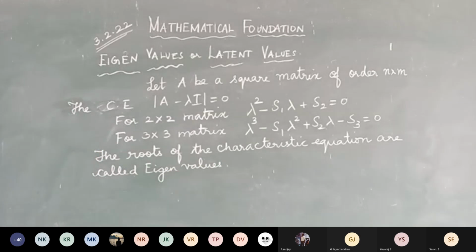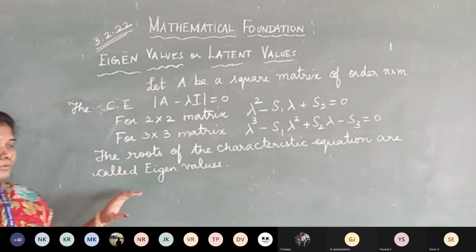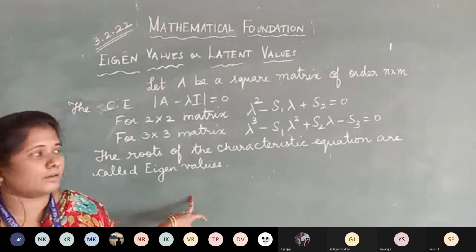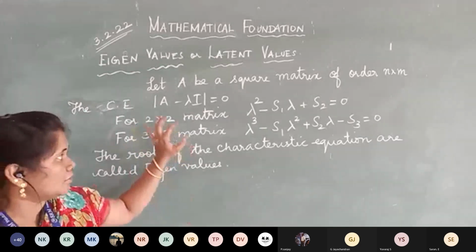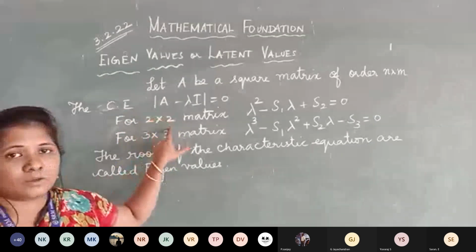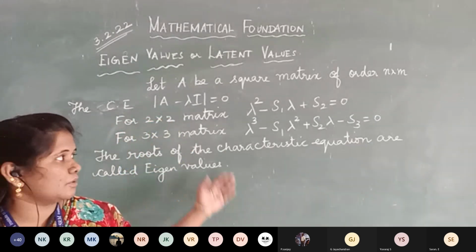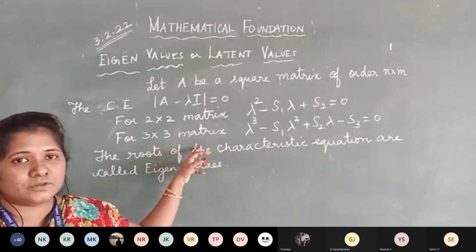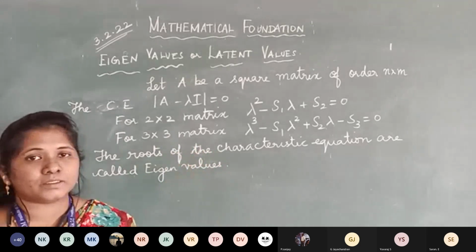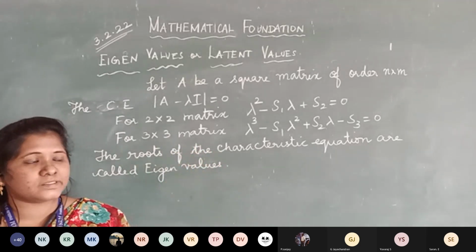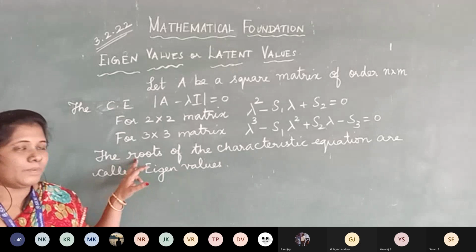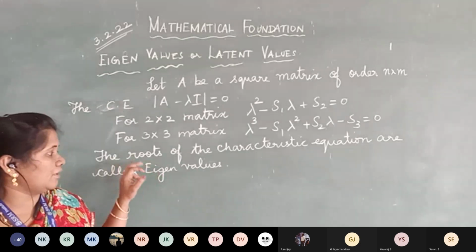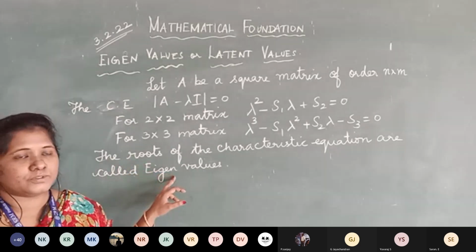So write it down. First you have to know what is your eigenvalue. For your square matrix, you find out your characteristic equation. For a 2 cross 2 matrix, this will be the formula; for 3 cross 3, this is your formula. After finding out your characteristic equation, you will solve it. That will become the roots, and those roots only we will be calling eigenvalues.